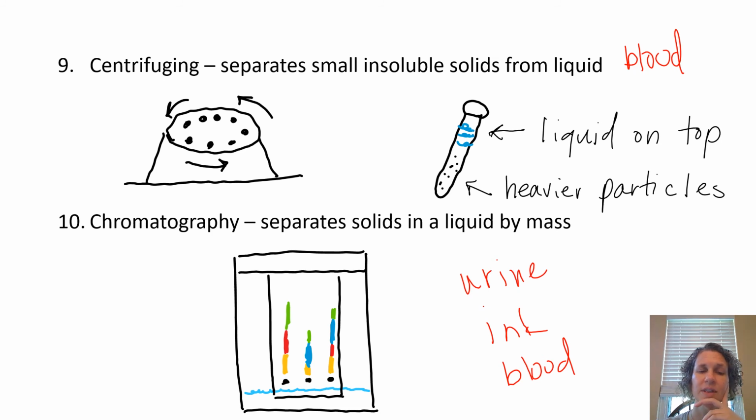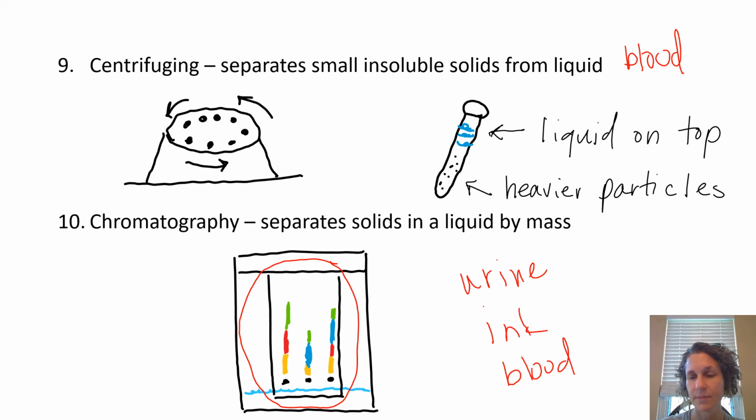And so what you do with this is you have a piece of filter paper. This little kind of square is the piece of filter paper, and you put your different samples. These black dots down at the bottom are like ink dots. So if you're trying to figure out which ink or which pen was used on a certain piece of paper, then you could compare it to this chromatography.